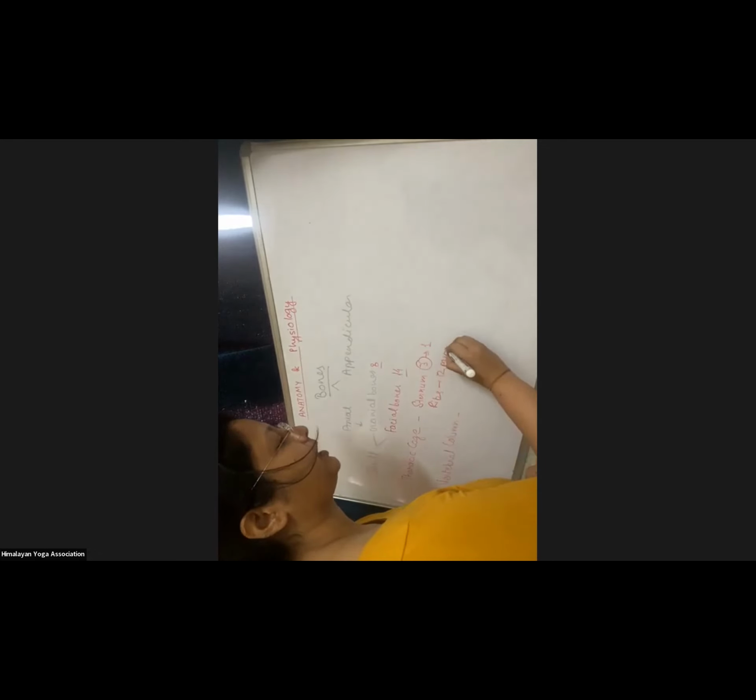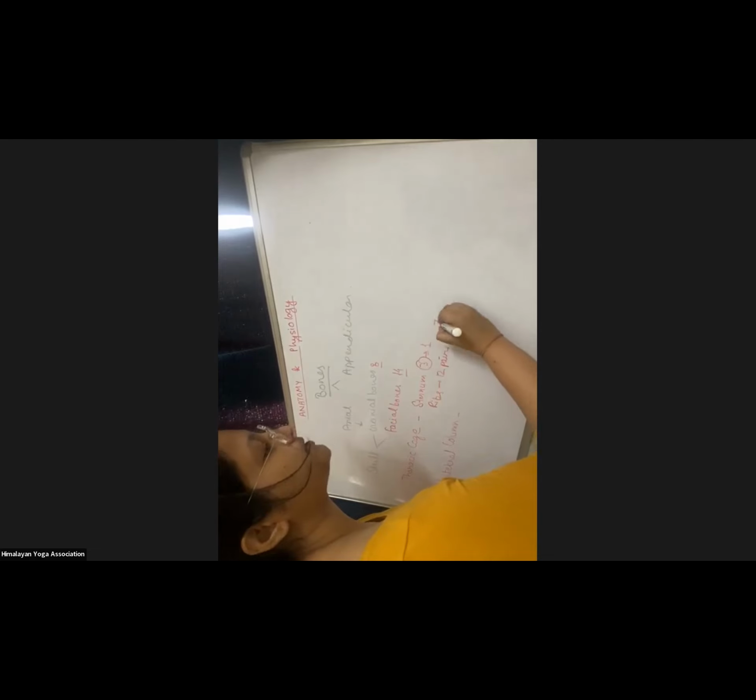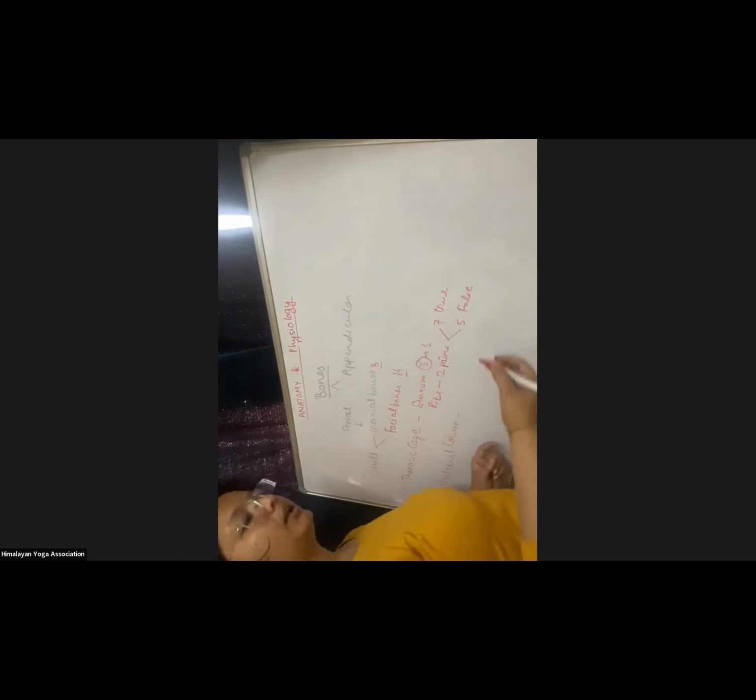They're originating from the vertebral column. Out of those 12, we have 7 true ribs and 5 false ribs. Out of these, 3 are attached to the 7th rib and 2 are floating.